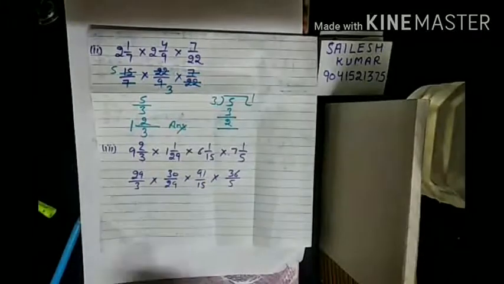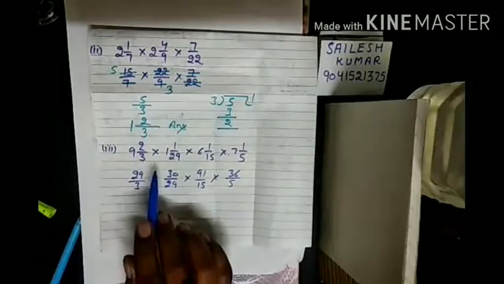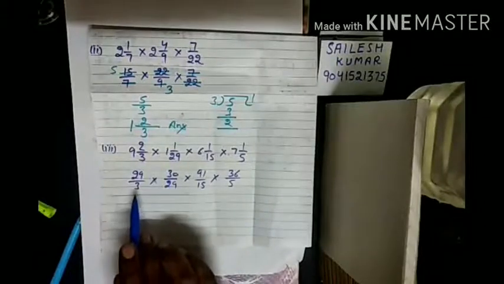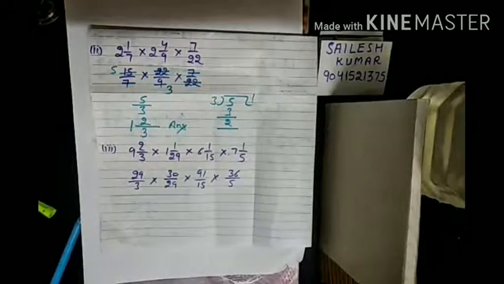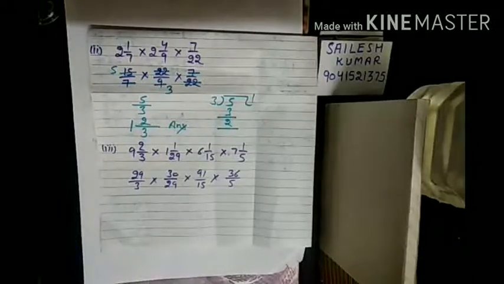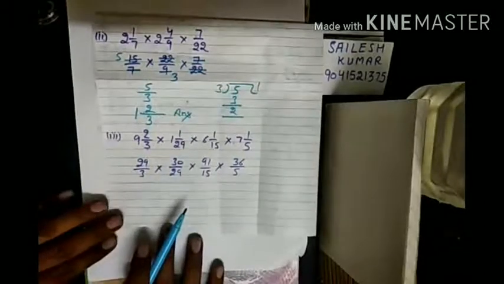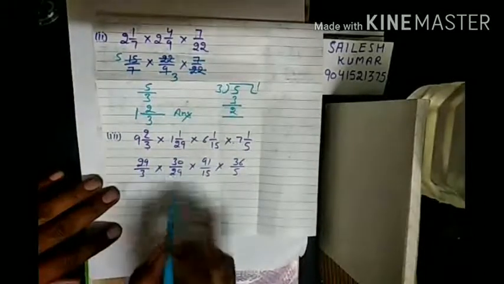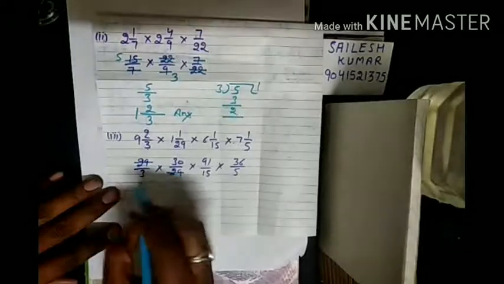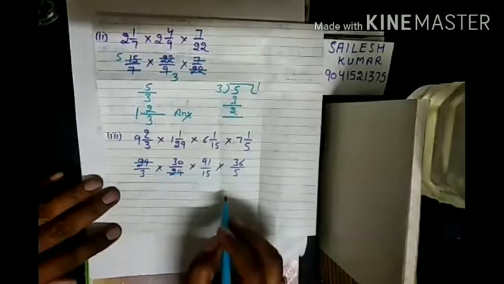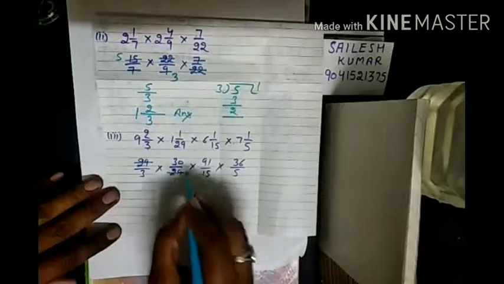Students, when you convert a mixed fraction into an improper fraction, there is no change in the denominator. Please note this. Now, we will see, is there any common factor in the numerator and denominator? By observing carefully, you see 29 and 29. So, we will cancel these. And 15 and 30.